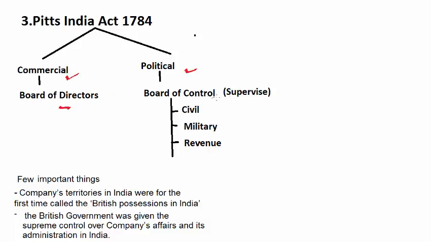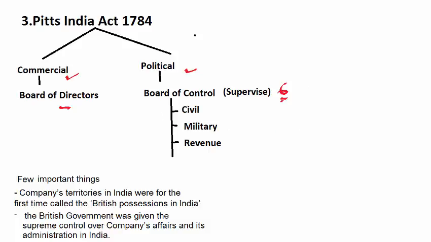A new board of control was created, a 6-member board of control whose members were nominated by the king. This board of control had the power to supervise all the civil, military and revenue functions of the East India Company. So you can see how the Crown in Britain took over the control of the East India Company.